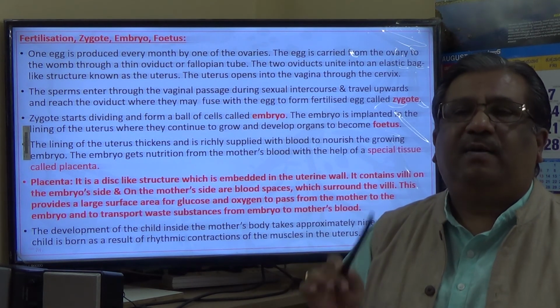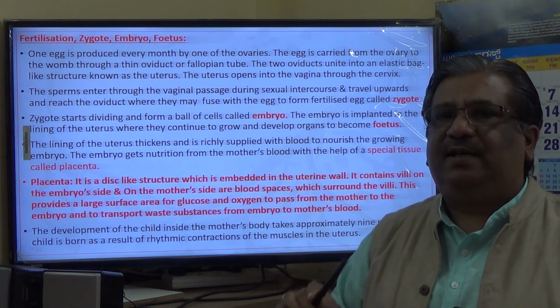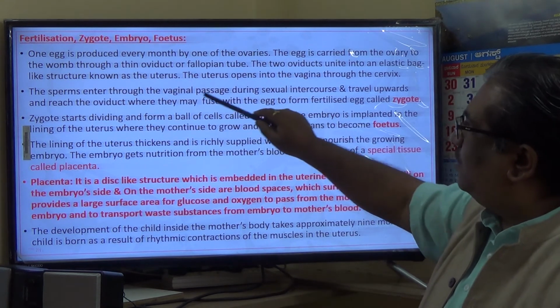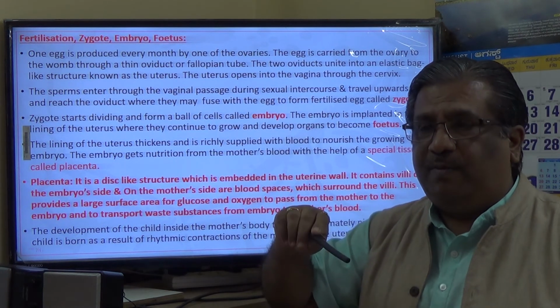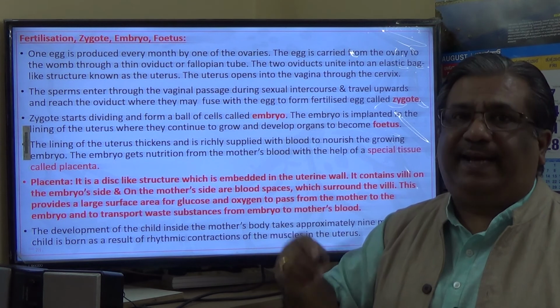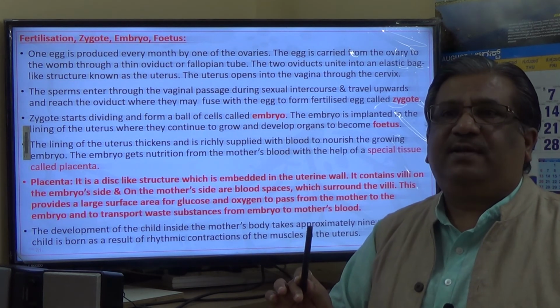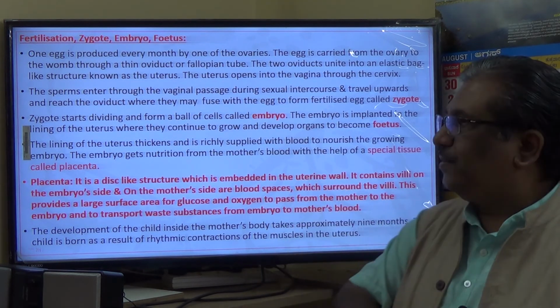Dear students, please remember, fallopian tube or the oviduct is the site of fertilization. That means the sperms released through the vagina would be able to reach the fallopian tube, and the sperms would be able to mate with the eggs in the fallopian tube. So fertilization takes place in the fallopian tube to form a zygote.